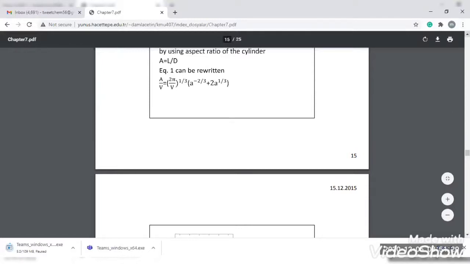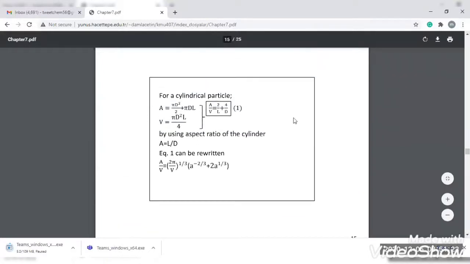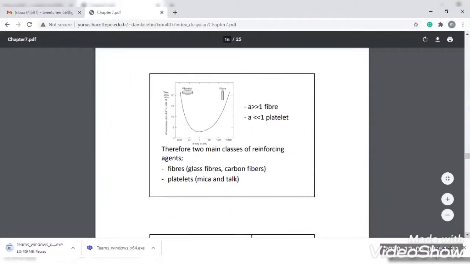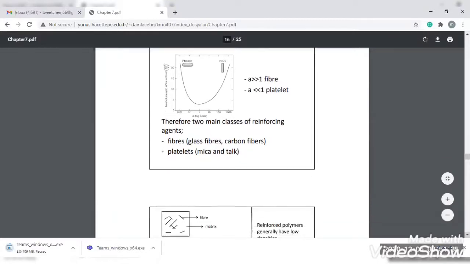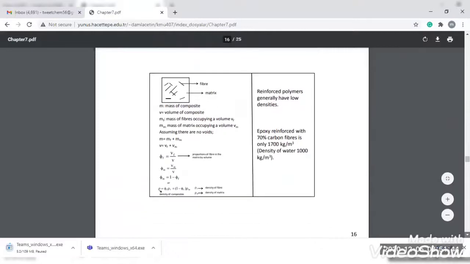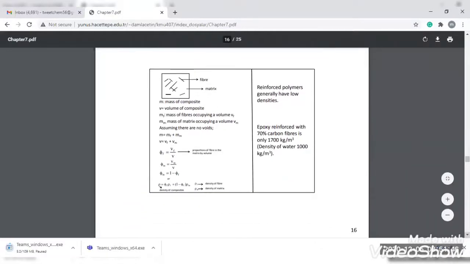How is it formed, where does it come from? Basically these are the ratios of the cylindrical particles that exist in the polymer. Here A should be greater than 1, then these are fibers, and if smaller than 1, then these are platelets. Therefore, the two main classes of reinforcement agent are fibers, glass fiber and carbon fibers, and platelets, mica and gel. But for the fiber in the matrix, mass mf is basically the mass of the fiber, and mm is the mass of the matrix.